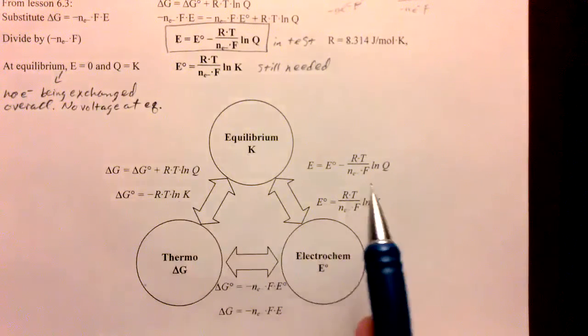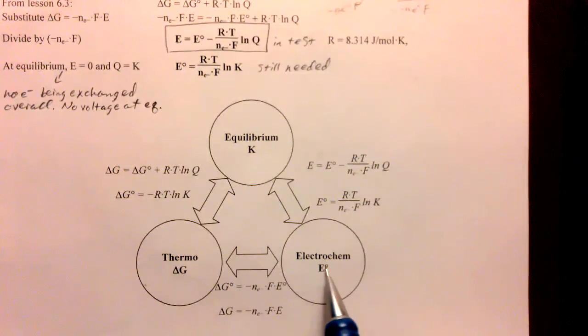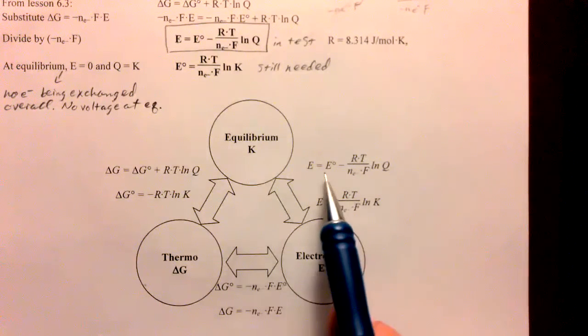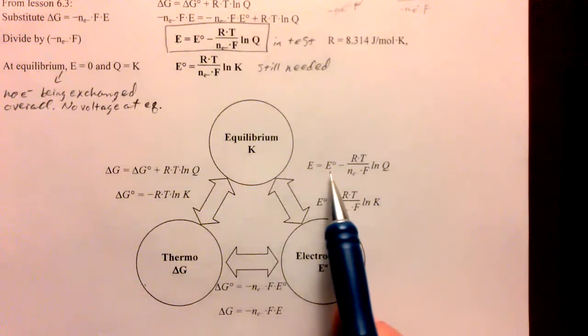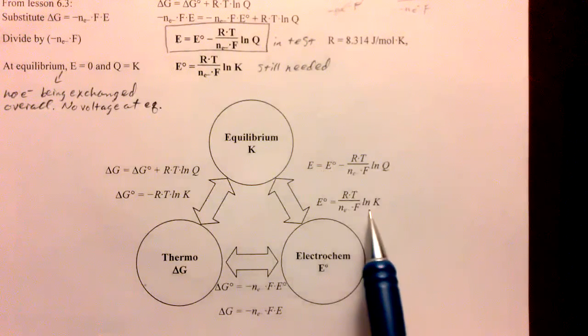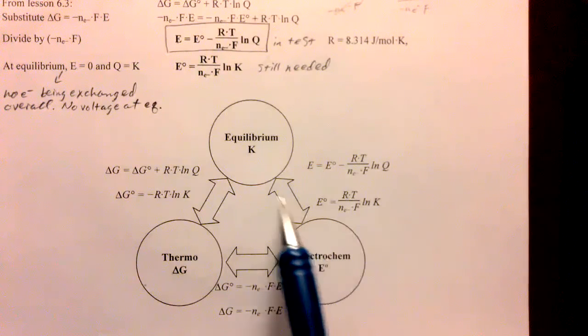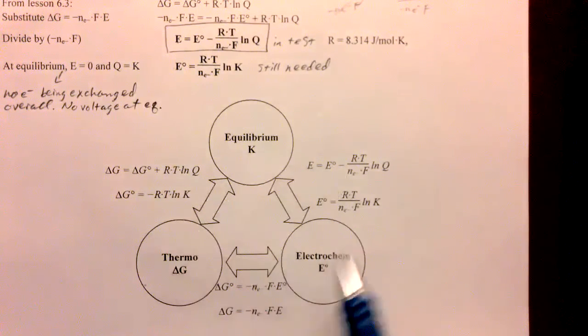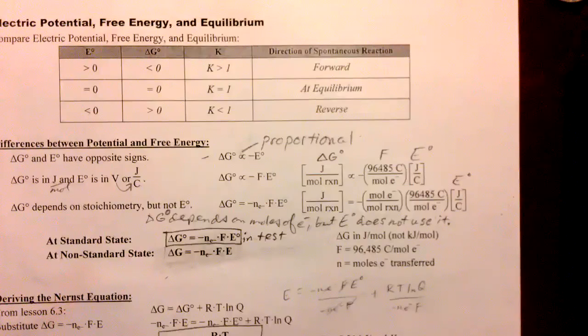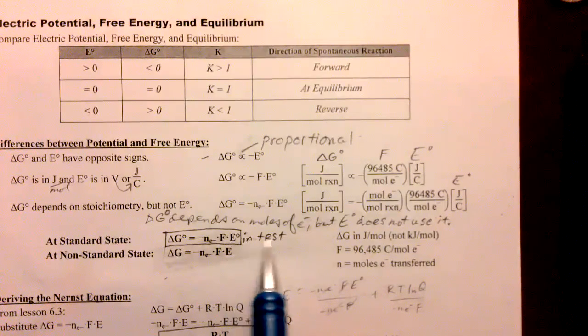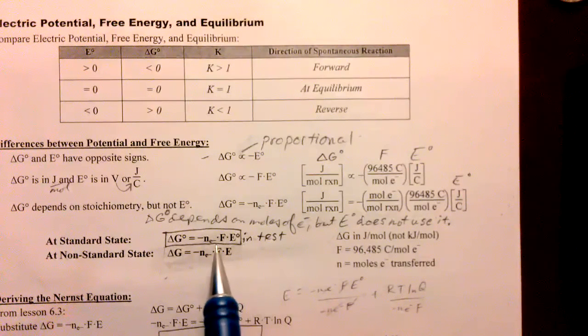And to convert between cell potential and K, we would need a formula with cell potential and K in it. But I would get really familiar with these. Also, I'd like to go back and point out that this formula is on the test, and they expect you to know that if you're not at standard conditions, it just turns into this one, and that's going to come up.